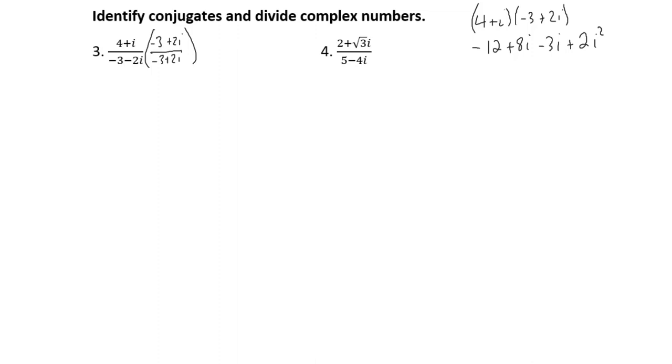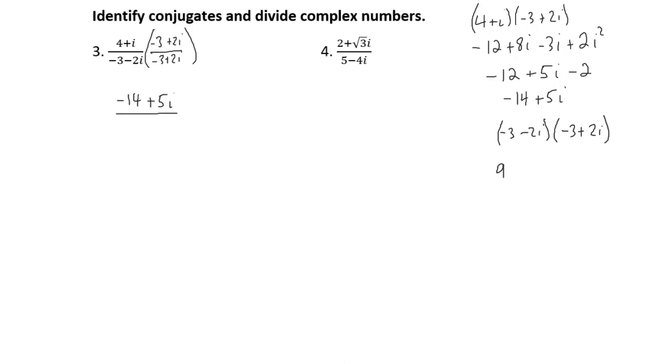So the middles aren't going to cancel out here because that's not a conjugate. So we get negative 12. Combine your middles, you get 5i minus 2. So that's negative 14 plus 5i. So that's what's going to be on top. Negative 14 plus 5i. Now we need to figure out what's on bottom. So negative 3 minus 2i times negative 3 plus 2i.